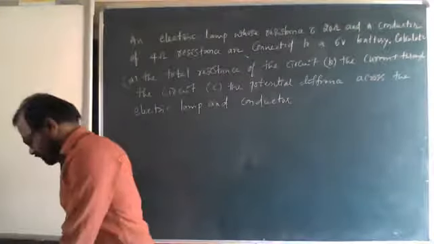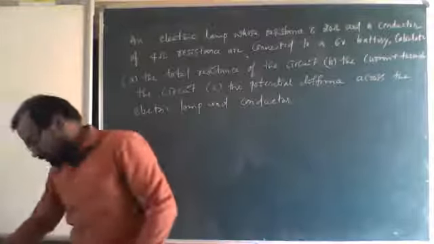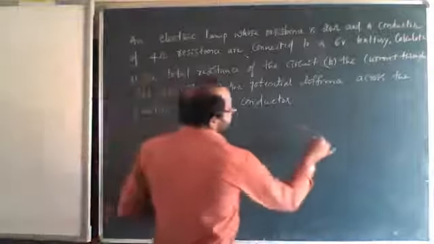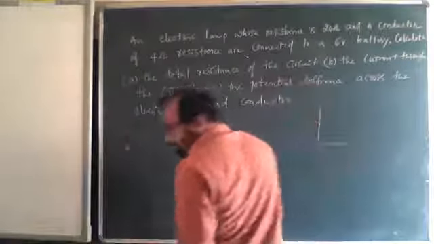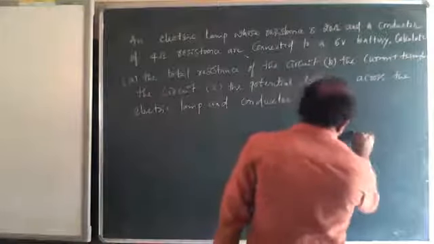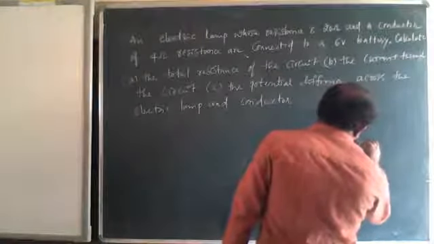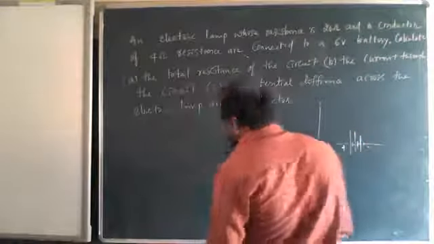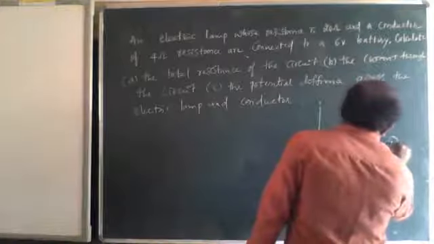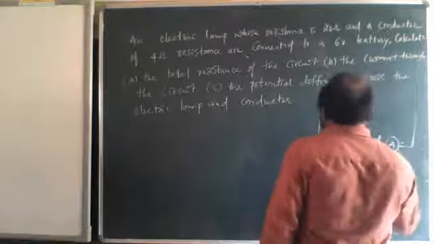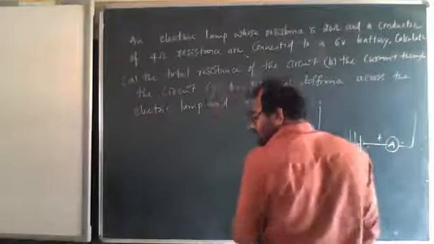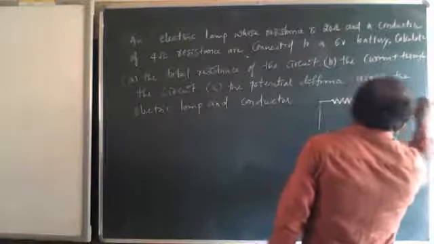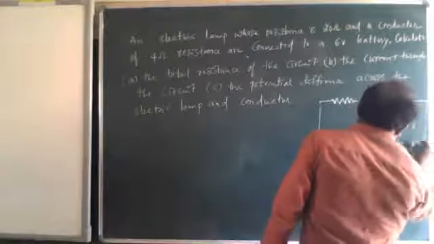Okay, see here. Now they have given the problem. The diagram is also given here, so I will draw the diagram. The diagram will be like this: plus, minus, key, ammeter, resistors, and the bulb.